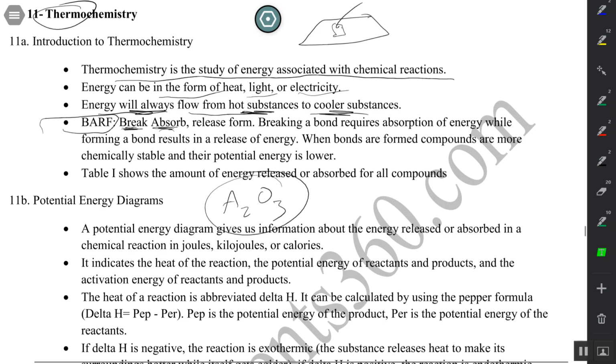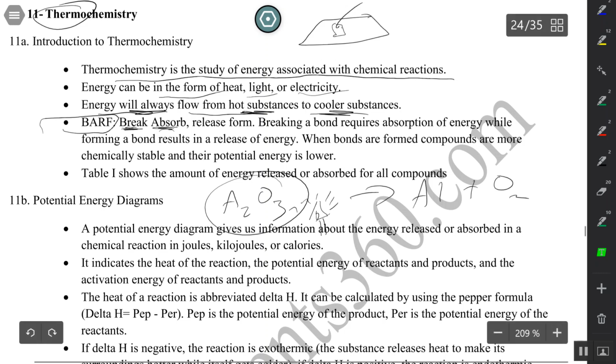In order to break Al2O3, you're going to have to add a lot of heat, and then you eventually will get aluminum and oxygen. And then you release heat when you form a bond. So obviously, going backwards, you're going to have to release some heat in order to create the compound aluminum oxide.